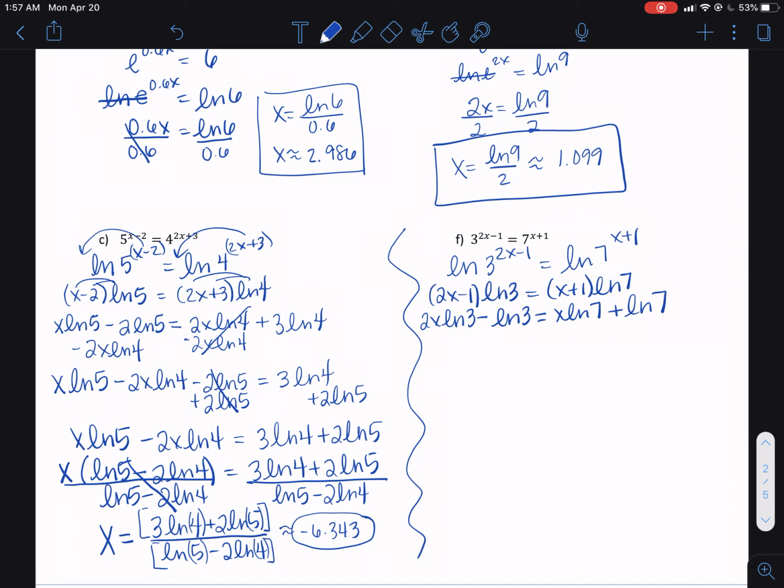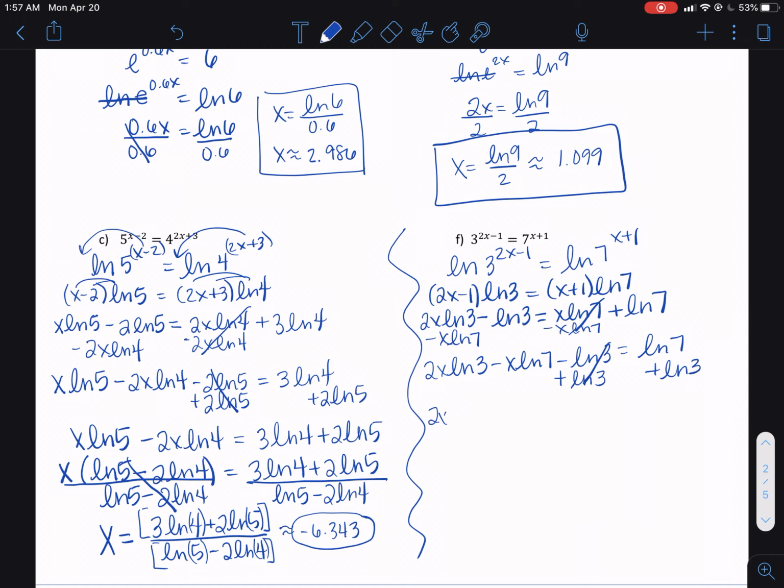And then we're going to move our x terms to one side. So we have 2x natural log of 3 minus x natural log of 7 minus the natural log of 3 equals the natural log of 7. Add our non-variable term to the right side.